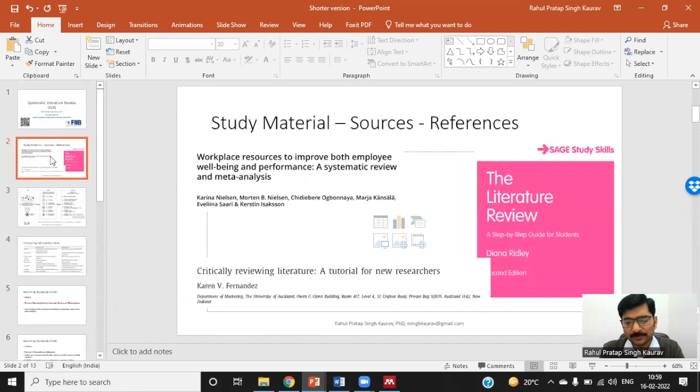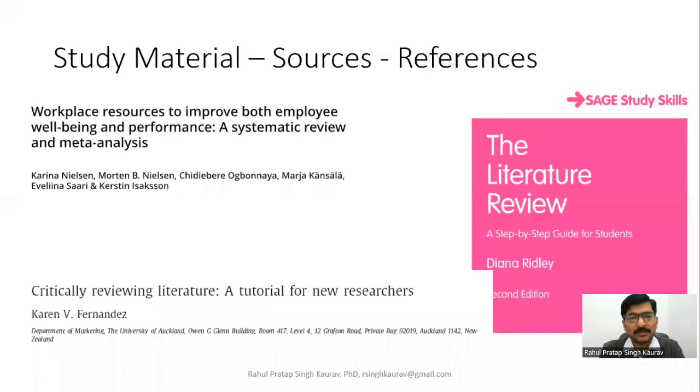This book will help everyone. Even this book, along with these two papers, will help every one of you. This is one of the very popular books, a pocket book, Literature Review: A Step-by-Step Guide for Students, by Diana Ridley. The second edition is already in the market; you can purchase that, maybe. And then Workplace resources to improve both employees' well-being and performance.